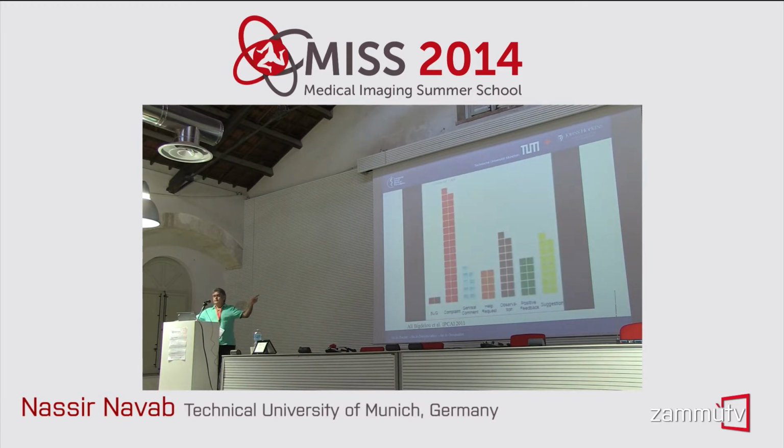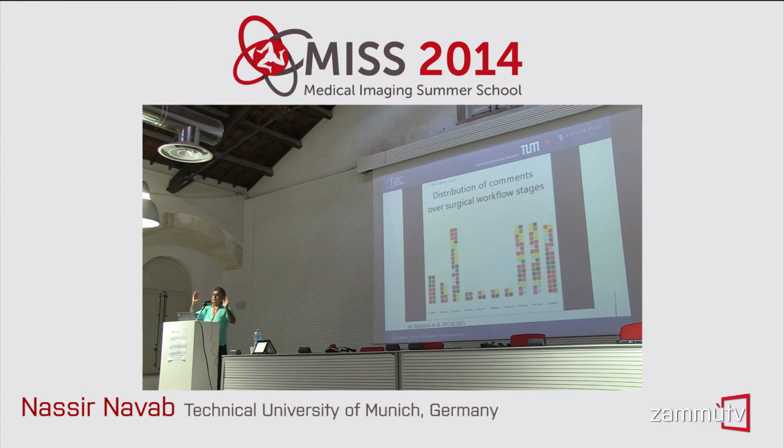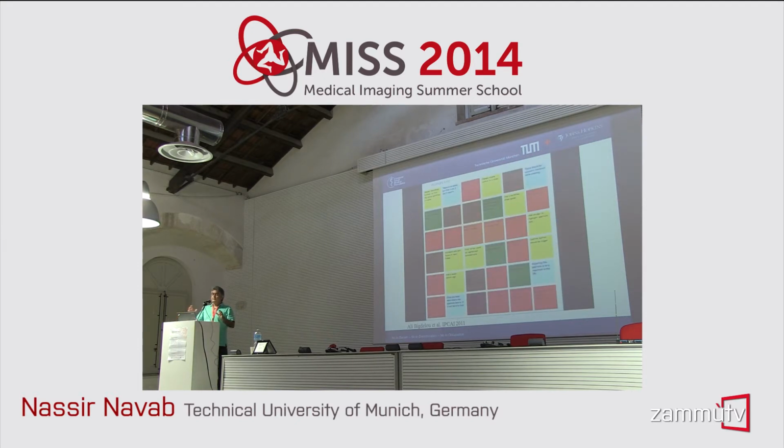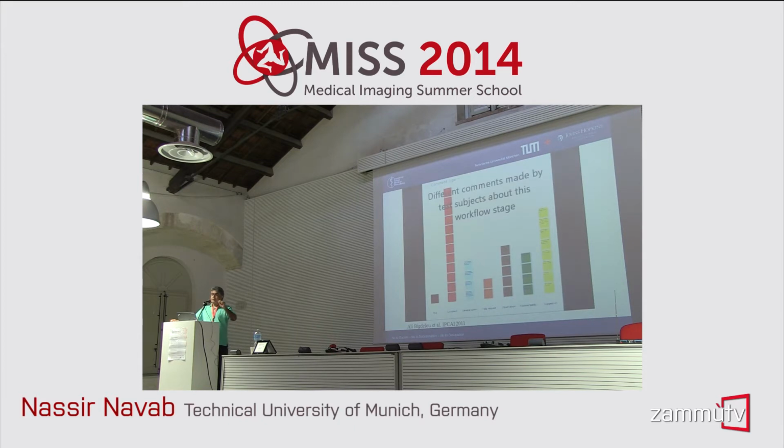What is interesting here is that for a company who is developing the system, of course, they can do improvement in 10 different directions, but they only have limited money. So they have to decide which complaint, which feedback is the most crucial one. And this is very hard because one feedback comes from an anesthetist, one comes from a surgeon.